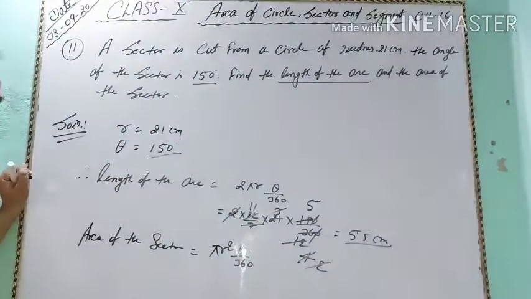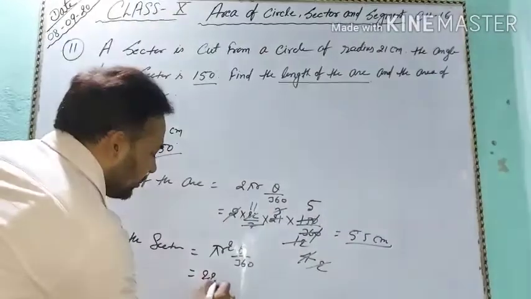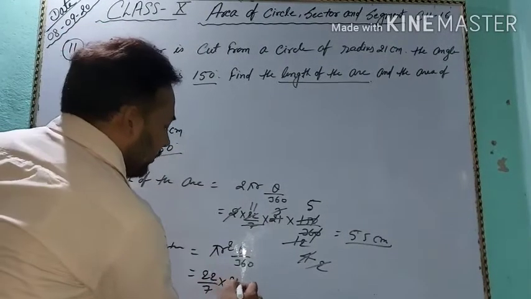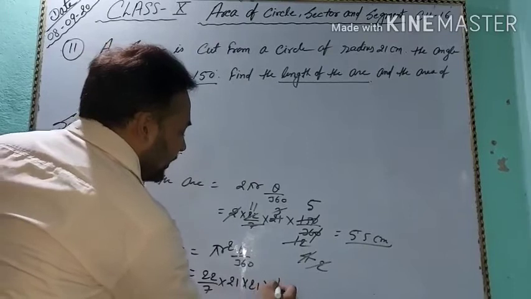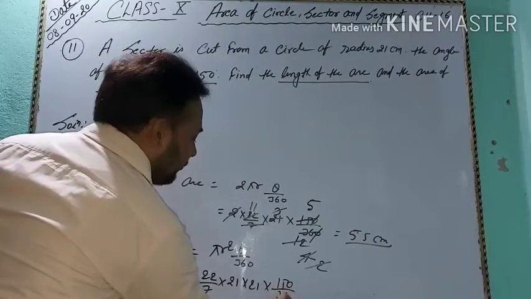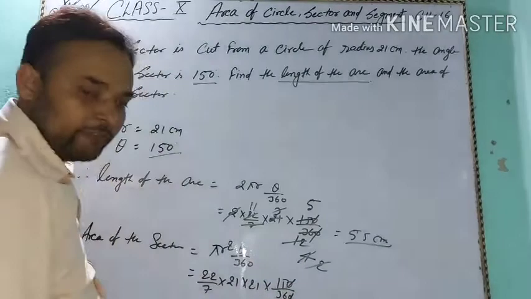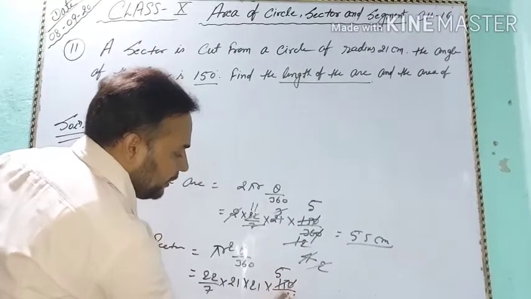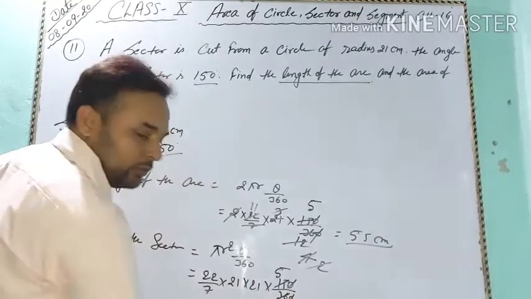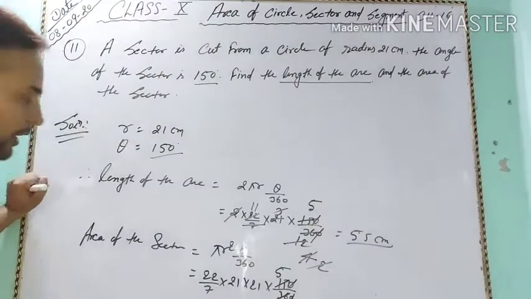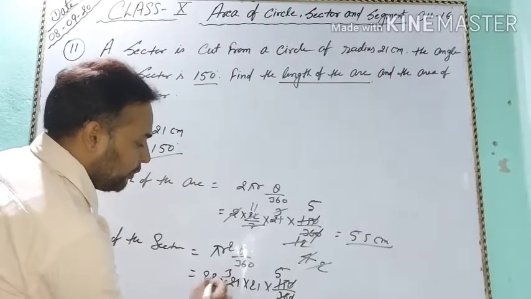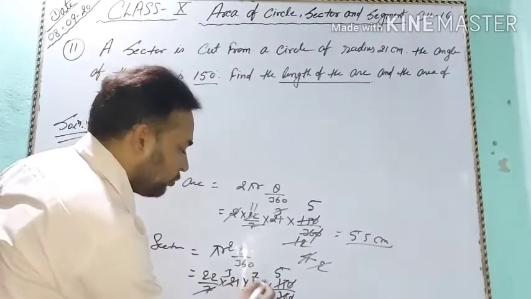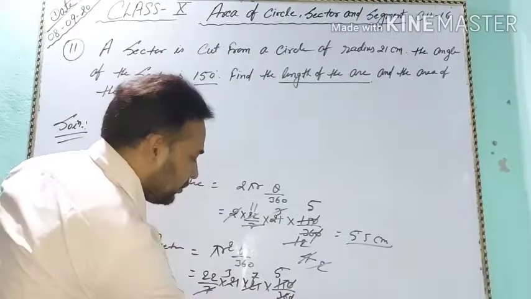Pi is 22 by 7, r square is 21 multiply 21, and theta equal to 150 by 360. 0 0 is cancelled. 3 5 ja 15, and 3 12 ja 36, and 7 3 ja 21, and 3 7 ja 21, and 3 4 ja 12.